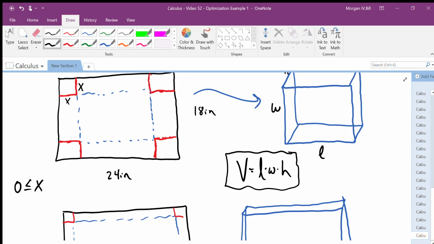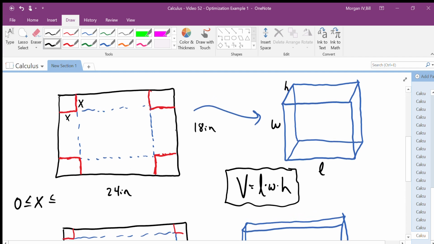Okay, what is the maximum that x can be? This one's a little trickier. The maximum that x can be is going to be limited by this side of 18, by the shorter side. So over here I have an x. If I just put all the x's on there, right? That box is a square there. The square that we're cutting out. So I have x's on every side.